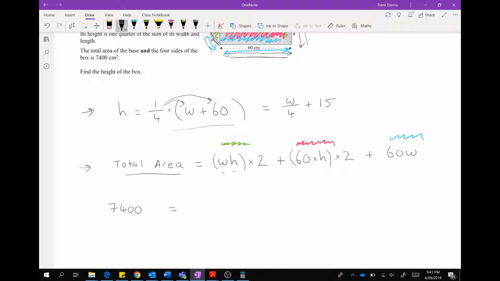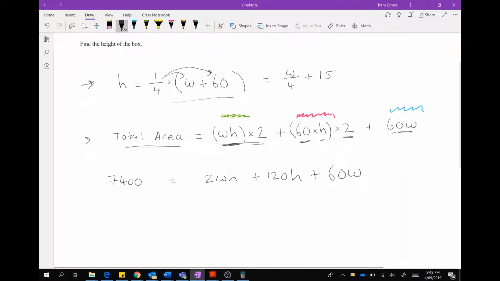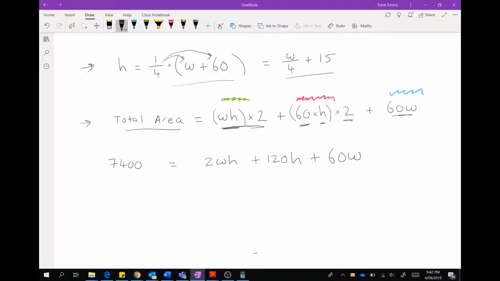So let's just simplify it first, then plug in. So I have W times H here multiplied by 2, so I have 2 lots of W times H plus 60 lots of 2 is 120 multiplied by H, so 120H plus, and now the blue bit is just 60W. Right, now we'll start plugging in H as all of this.